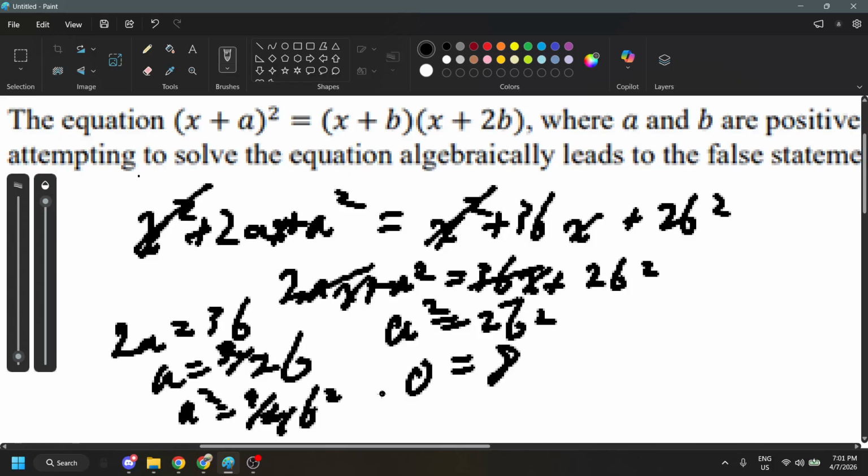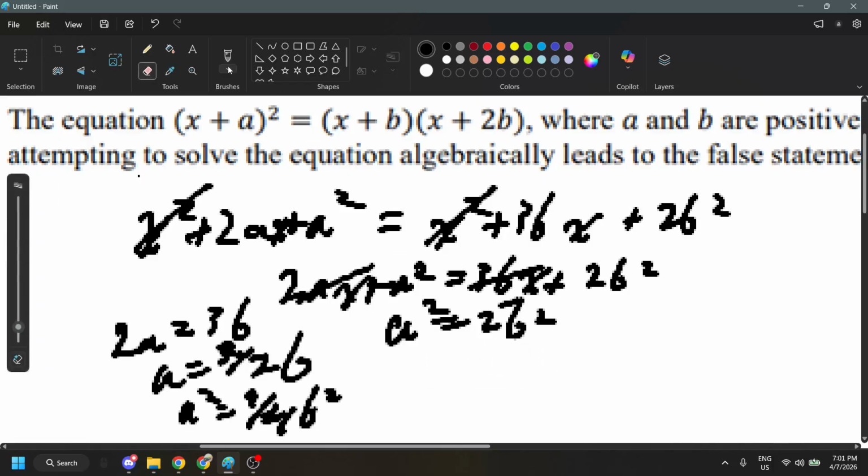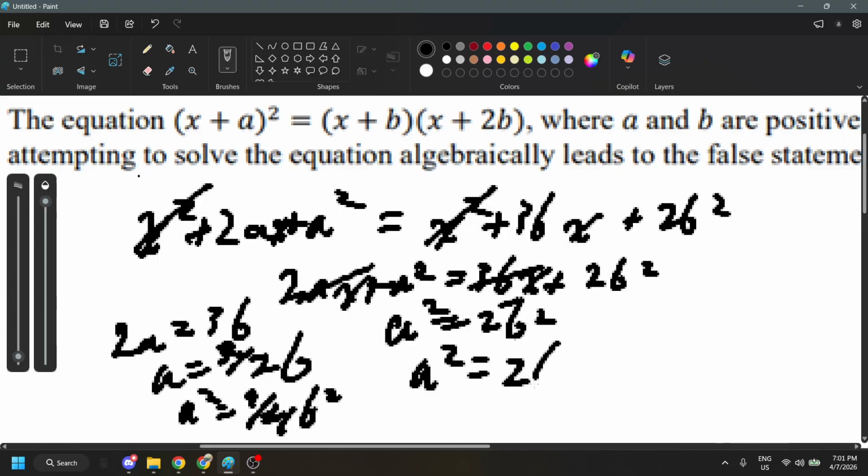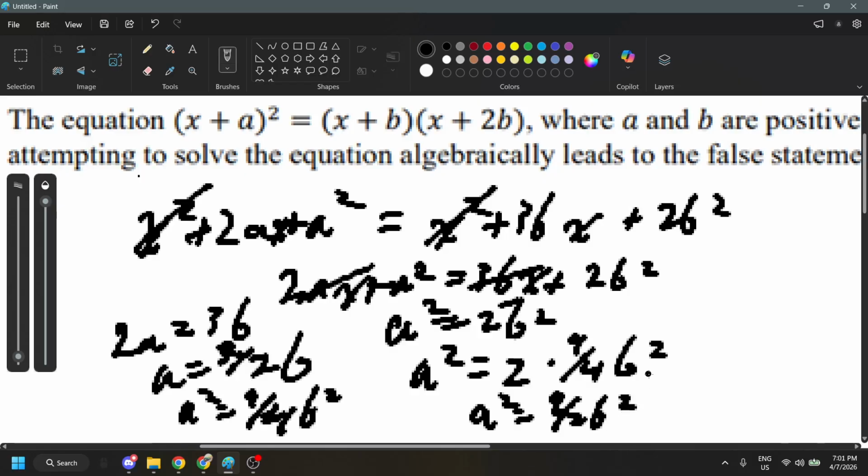So b must be divisible by 2. That's what that's telling me, but I don't know what else. What if I just plug that in here? A squared is equal to 2b squared. So then we get a squared is equal to 2 times 9 over 4b squared.